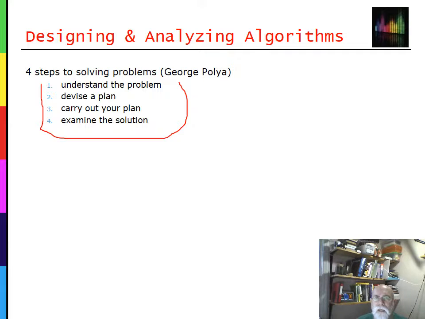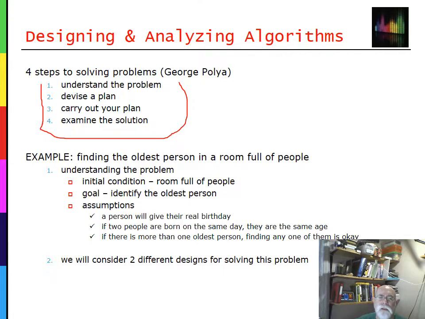You've got to understand the problem. Then you've got to devise a plan. Then you've got to carry out your plan, and then you've got to examine the solution. You go, oh, the plan worked, but was the plan detailed enough that you could hand it off to somebody else and they were able to repeat it? That's exactly what we're having to do in computer science, is make sure things are detailed enough that we can follow through with it, or the machine can.